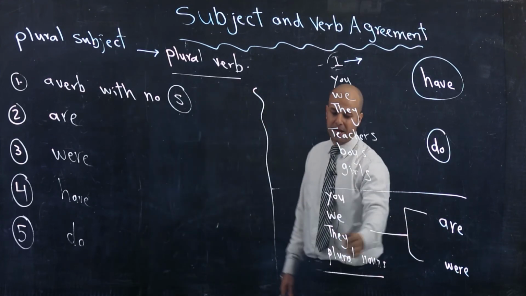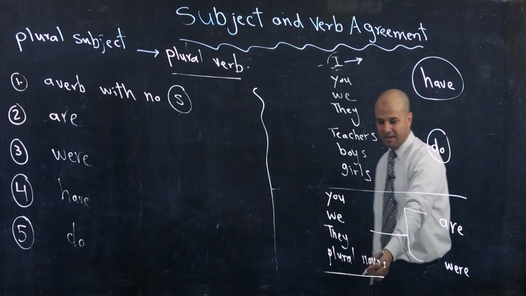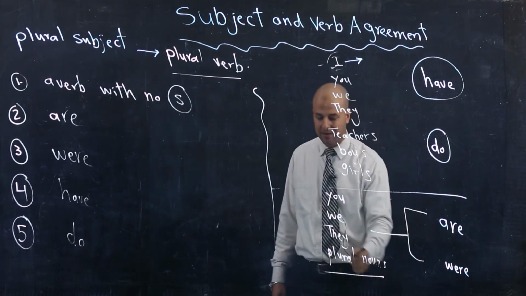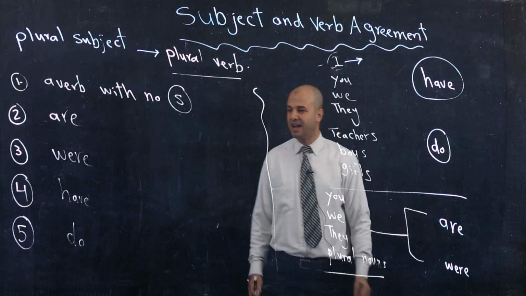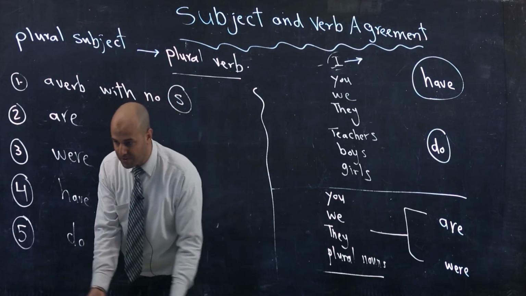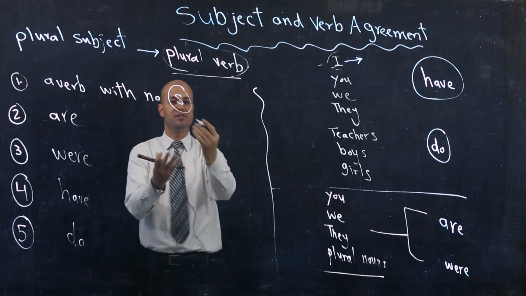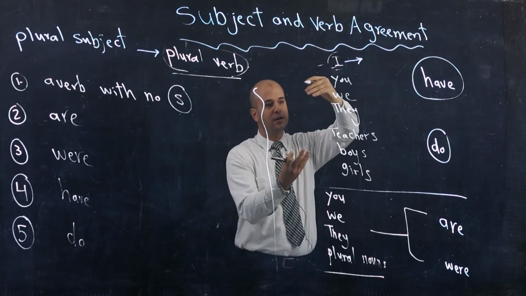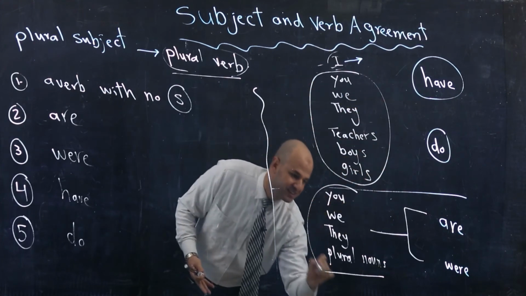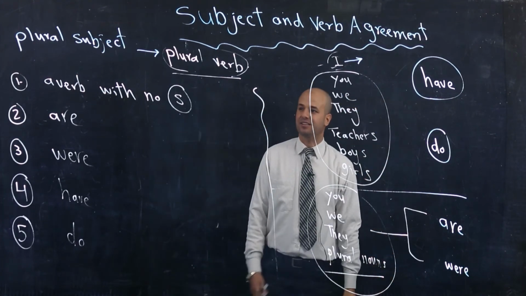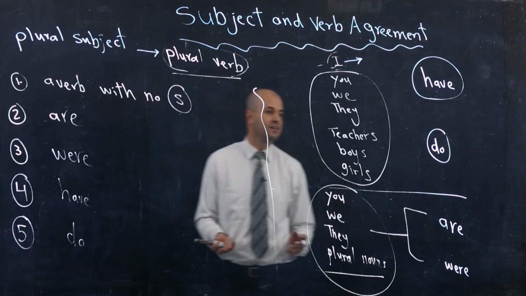You are, we are, they are, boys are, girls are, okay? You were, we were, they were, and plural nouns were, right? And all these verbs are called plural verbs, preceded by plural subjects. Okay? And this is the second part that we want you to get.